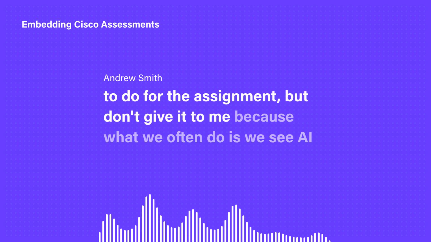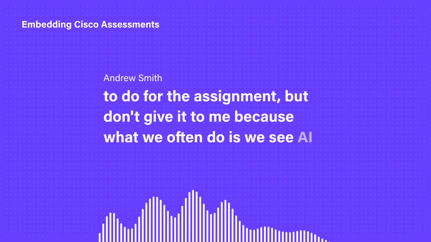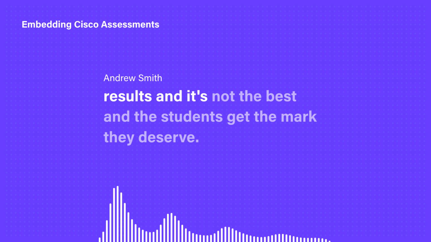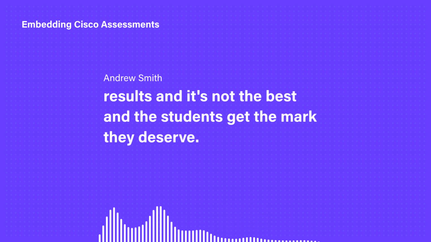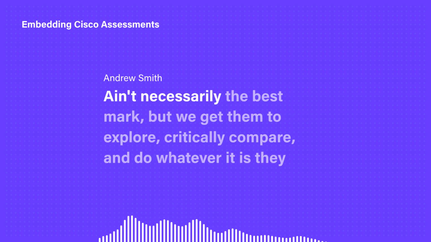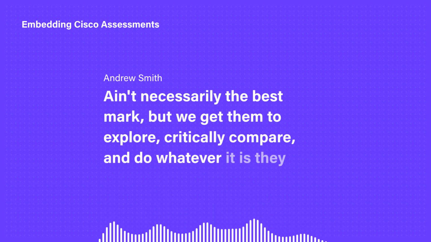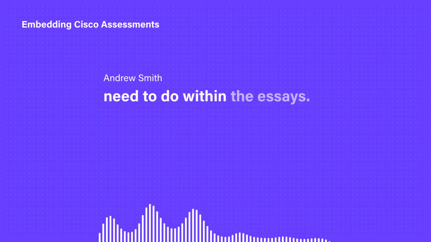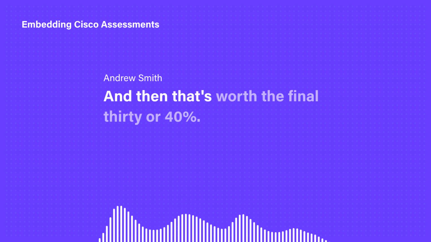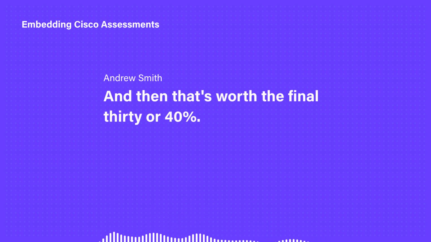But don't give it to me, because what we often do is we see AI results and it's not the best, and the students get the mark they deserve, which isn't necessarily the best mark. But we get them to explore, critically compare, and do whatever it is they need to do within the essays. And then that's worth the final 30 or 40%.